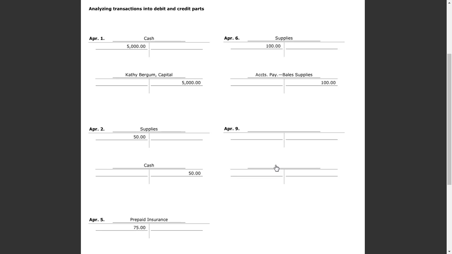We currently owe them $1,000, and then because I pay them, I owe them $1,500. So do we owe them more money or less money? Less. So accounts payable Bale Supply needs to go down. So accounts payable is a liability. Liabilities have a credit normal balance. So if I need it to go down, I need to debit accounts payable Bale Supply.